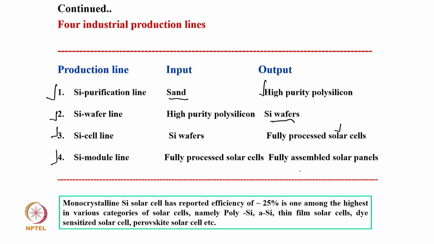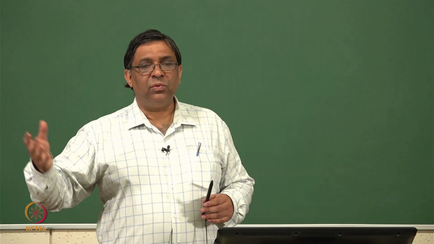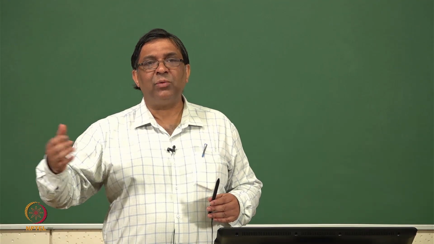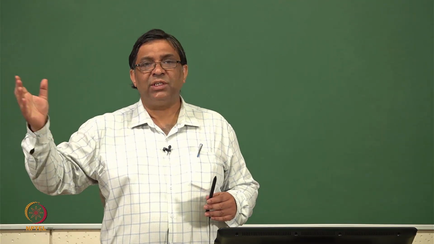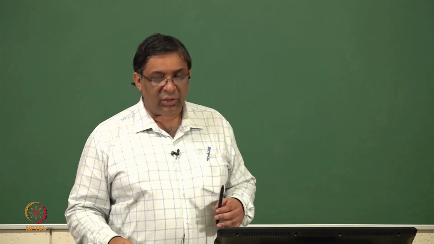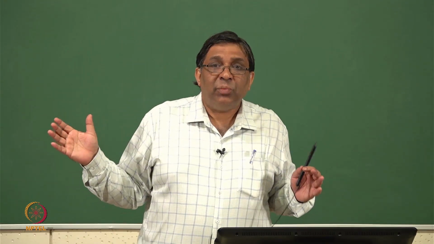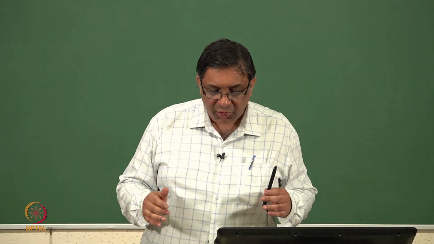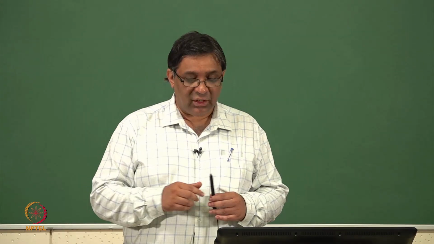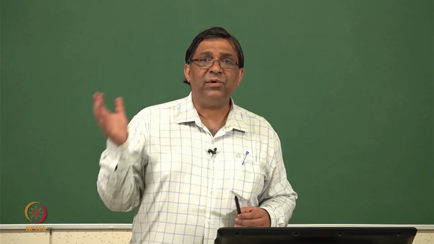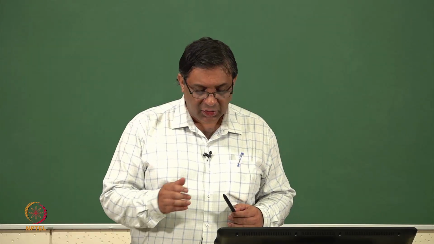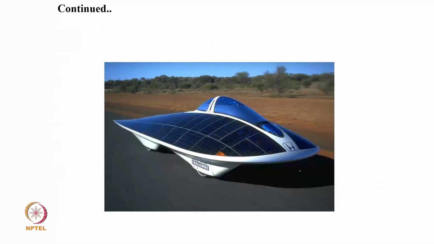These are used for domestic purposes or for large scale applications, like big solar power generating stations, which many people are making. This is an emphasis in different countries, including our country. So this entire process is involved here.